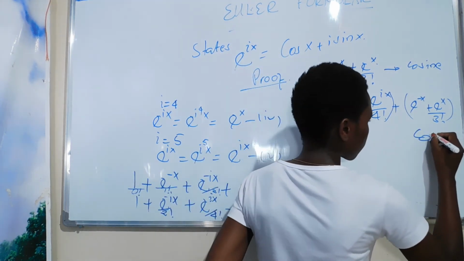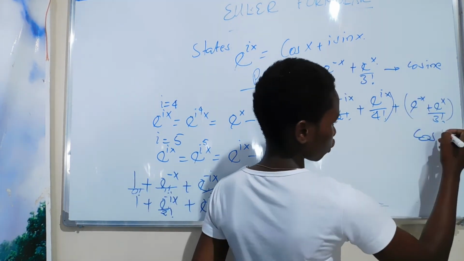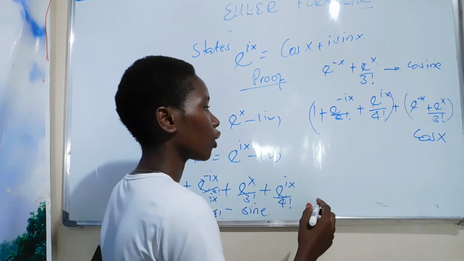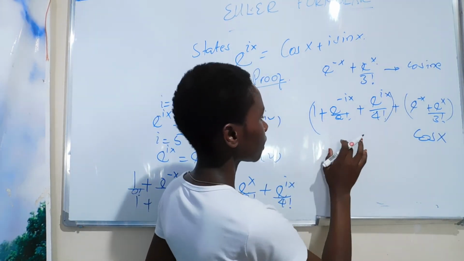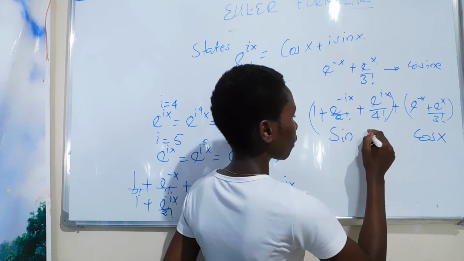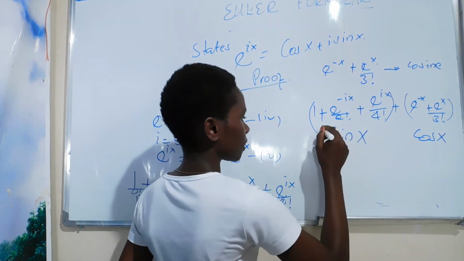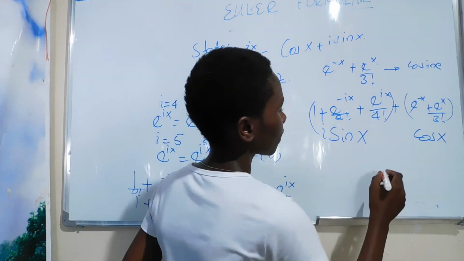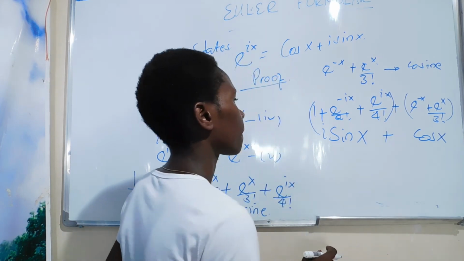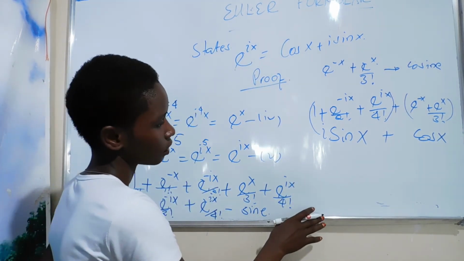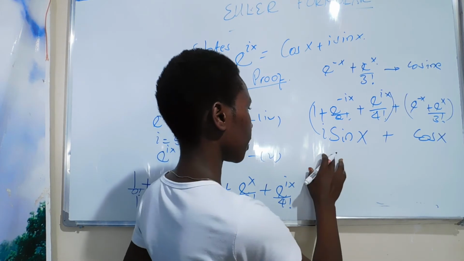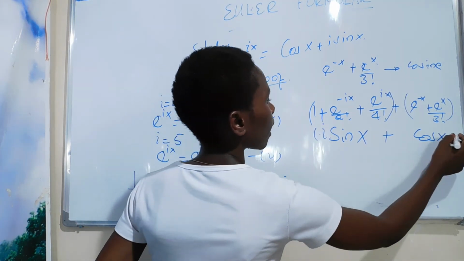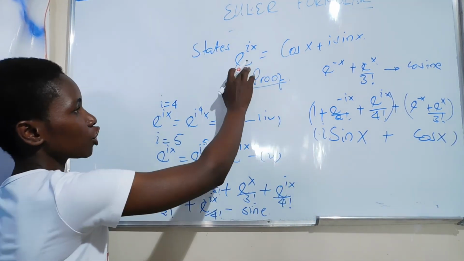So it will be cos of x, which is my angle. But here this is the series of sine whose angle is x, but this sine has this imaginary part and I have my addition operation there. So I have arrived at the same thing that was applied in the definition as we saw here.